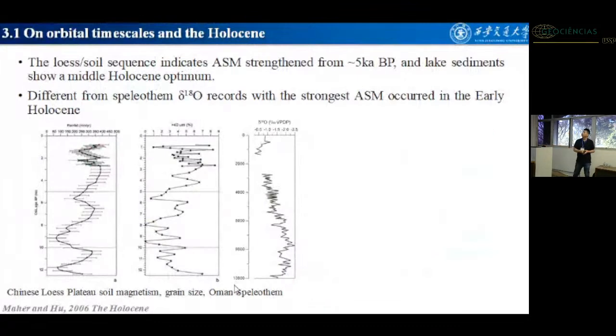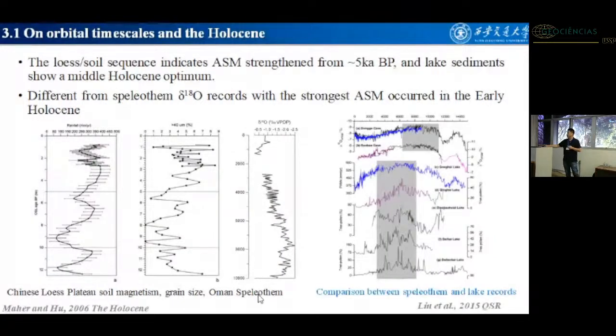But the loess sequence indicates the Asian summer monsoon strength from 5,000 years ago, and some lake sediments show a mid-Holocene optimum. This is different from the speleothem δ18O records, with the strongest Asian summer monsoon occurring in the early Holocene.